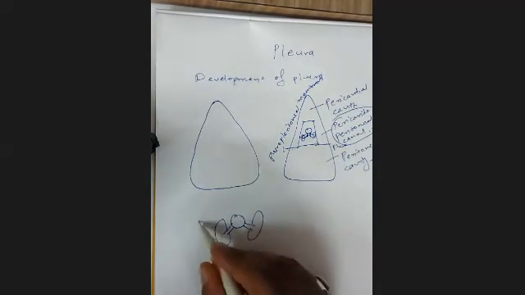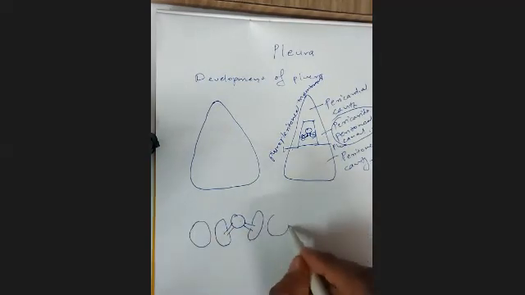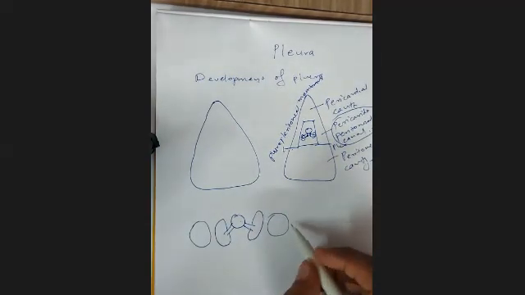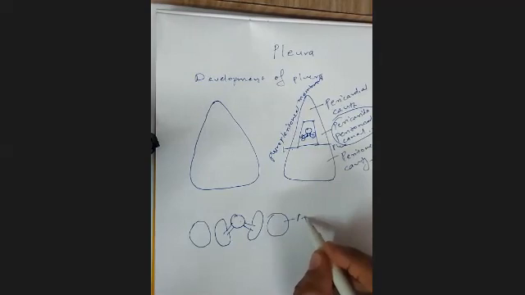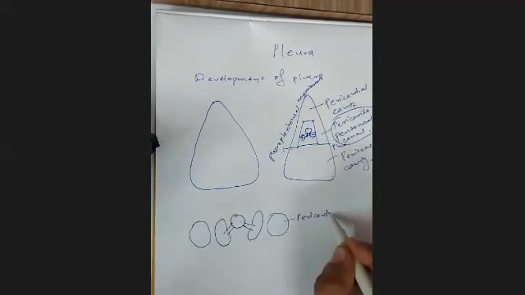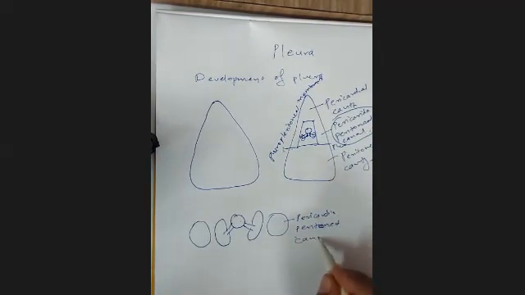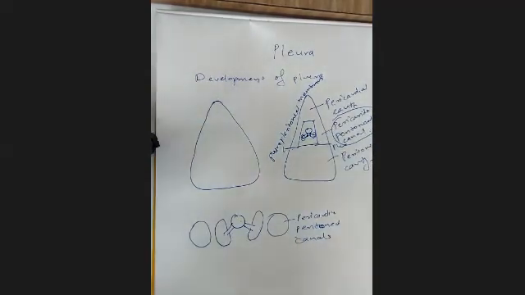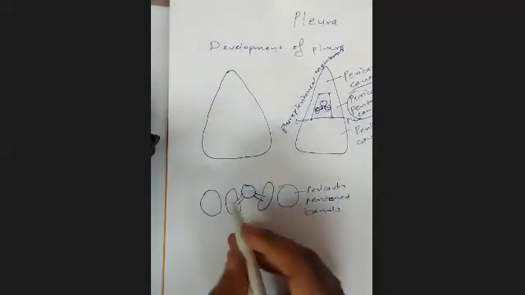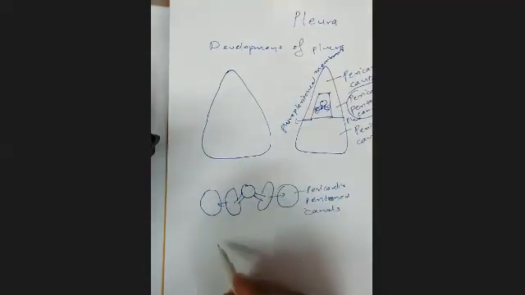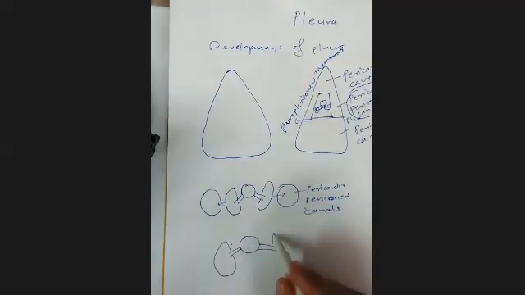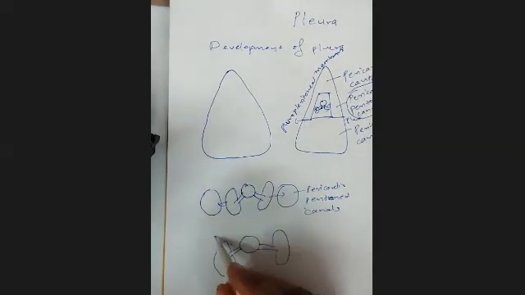On the side of the lung buds are the pericardio-peritoneal canals. Now the lung will invaginate into both of them. This is the trachea, these are the two lung buds, and now they have started invaginating.